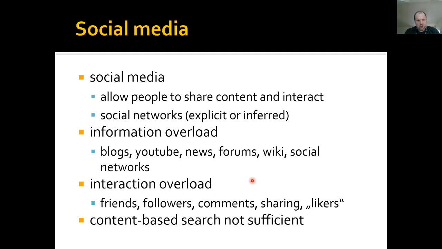All in all, both of these overloads contribute to the worsening ability of classic search systems to find relevant information, because the content-based search is suddenly not sufficient, because the content is not the main information.